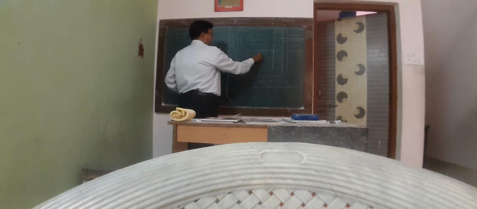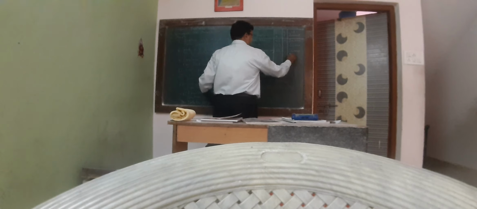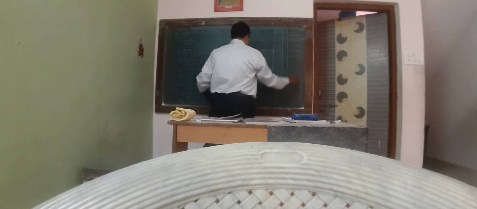Now, goods of 30,000 purchased from Jai. So purchase account debit to Jai's account. Cash discount is not recorded in the book, so only 30,000. And bill number 5.